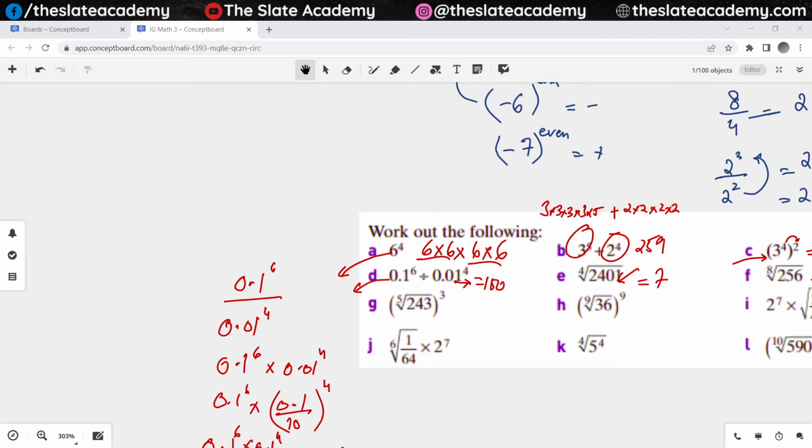So 0.1 to the power 10, and 10 to the power minus 4.